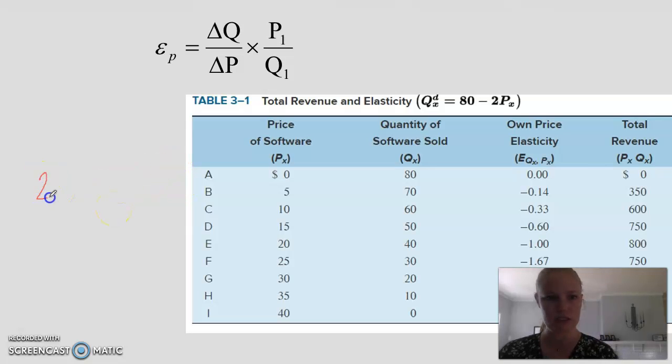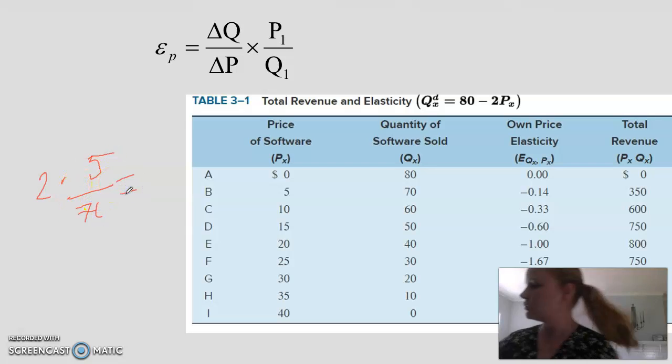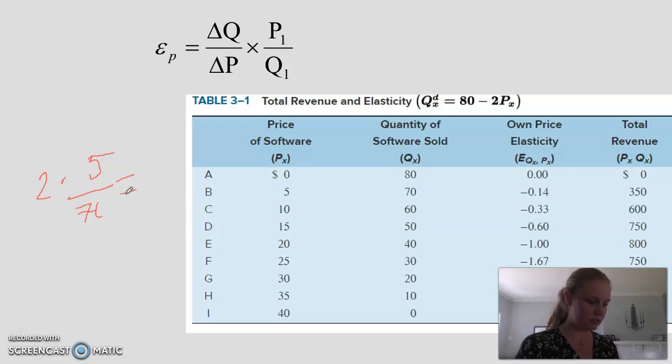Okay, so the elasticity is going to be 2 times the price and quantity at whichever point we happen to care about. Price is 5, quantity is 70. So if you do this on your handy calculator, 5 divided by 70 times 2, I get 0.14. Look at that. See? So that's just, you know, a different way to calculate elasticity that some of you may teach or some of you may use.